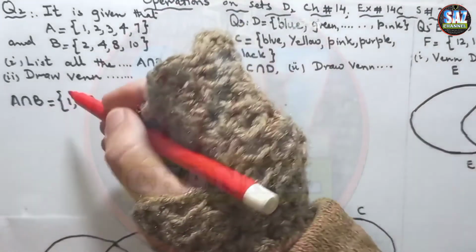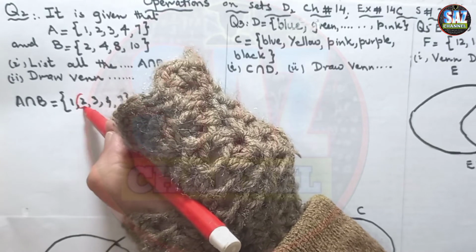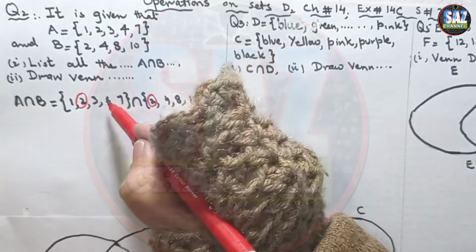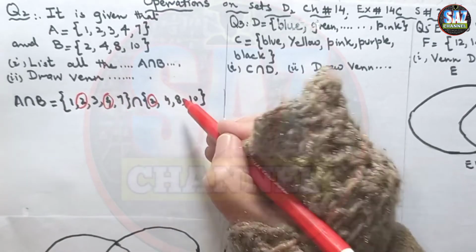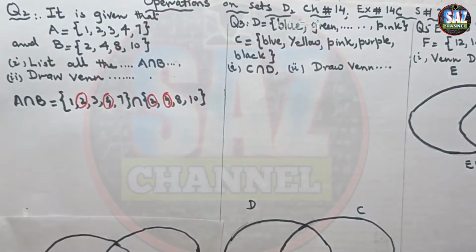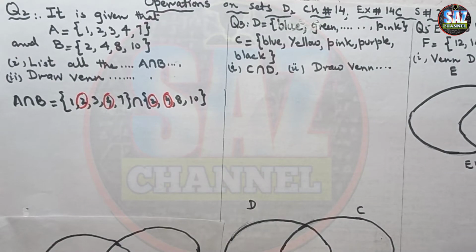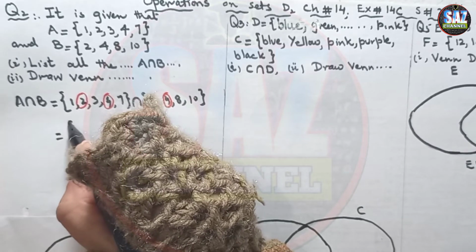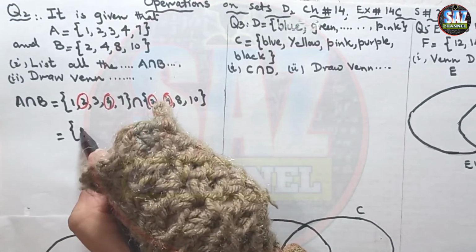So 2 is present in both the sets, so 2 will be coming in the intersection, then 4 will be coming in the intersection. So A intersection B will be equal to 2 and 4.